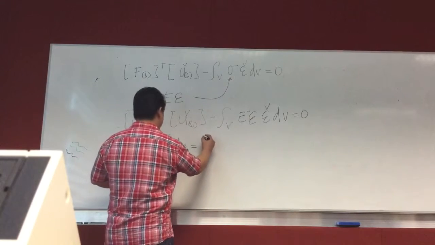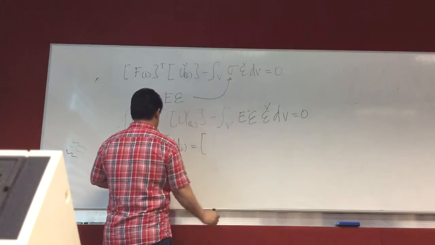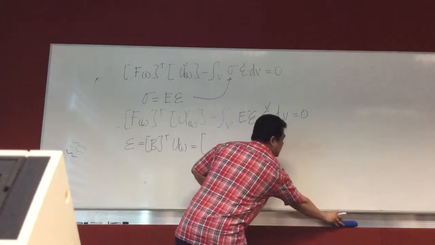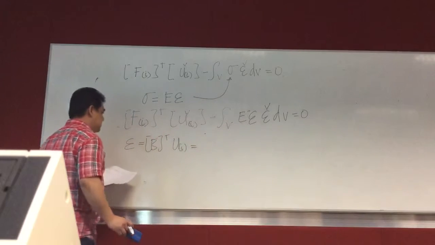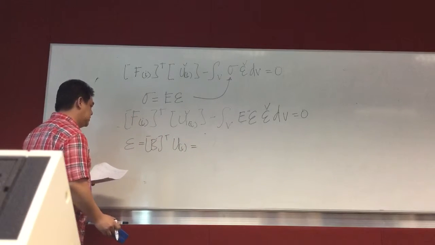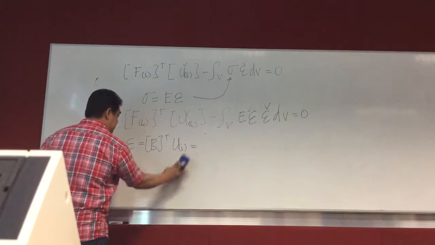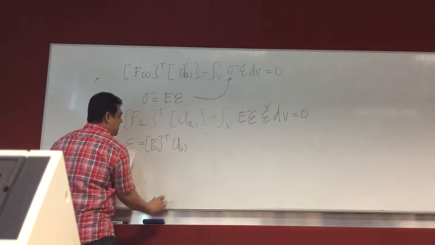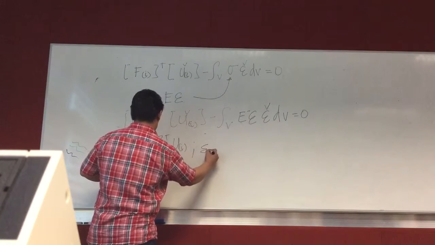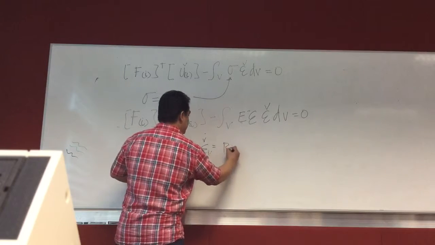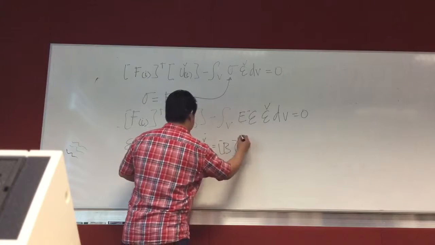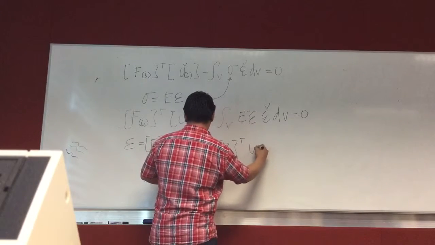If you have this one to be, is it B transpose? Okay, so this is your B transpose. And then I'll have your virtual strain be B transpose.